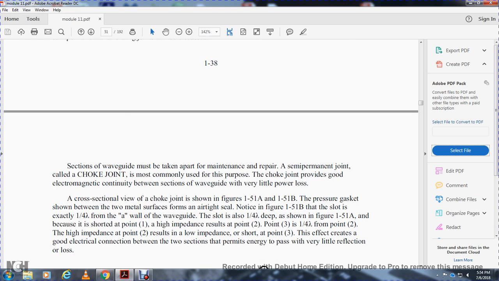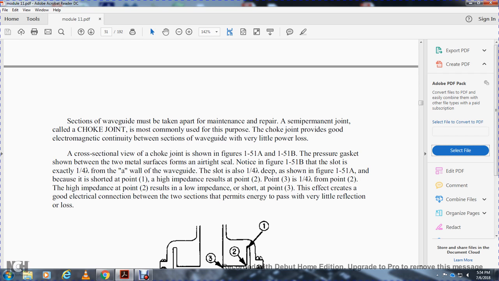The purpose of the choke joint is to provide a good electromagnetic continuity between the sections of the waveguide with very little power loss. A cross-sectional view of the choke joint is shown in figures 151A and 151B. The pressure gasket shown between the two metal strips forms an airtight seal. The slot in figure 151B is exactly 1/4 of the wavelength of the wall of the waveguide. The slot is 1/4 wavelength, as shown in figure 151A.